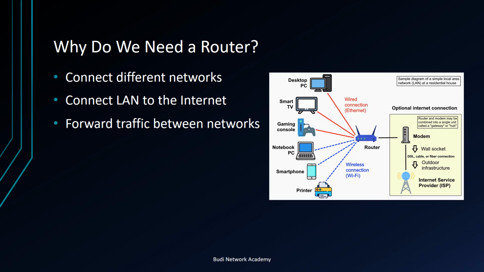This is where the router comes in. The router connects our local network to other networks, including the internet, and forwards traffic between them. In simple terms, the router is the gateway between our network and the outside world.